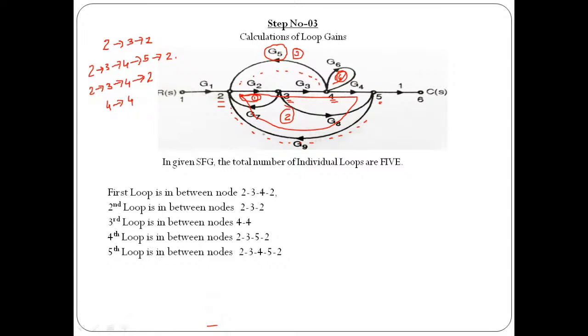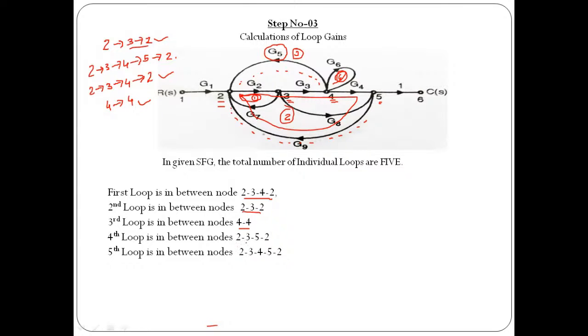The first loop is in between 2, 3, 4, and then 2. Then 2, 3, 2 that we have again taken. Then 4, 4, this will be the self loop that we have again considered.